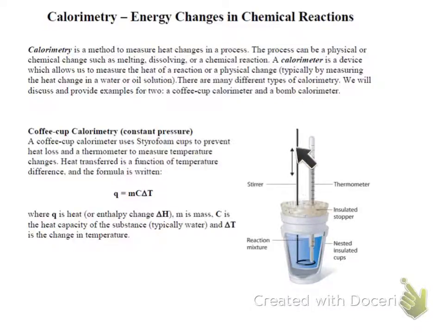And it's nice if you can have a way to stir it, but sometimes you just stir it with a thermometer. The equation that we use is heat, which is Q, is mcΔT, where ΔT is the change in temperature, and c is the heat capacity of the substance, and it's usually in water, so it's going to usually be the heat capacity of water.